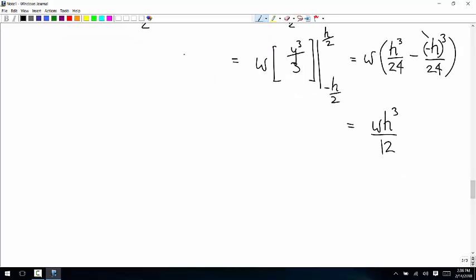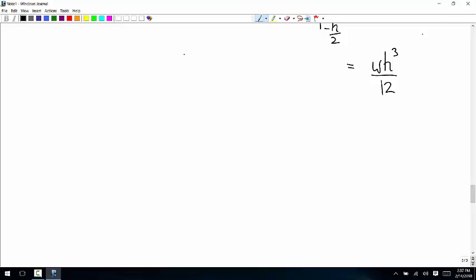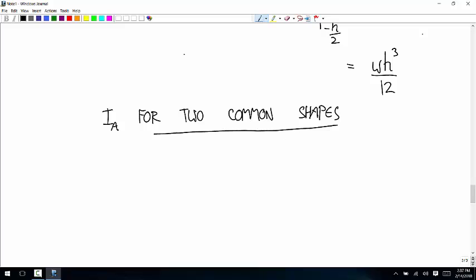Okay, so just like in dynamics, and a lot of times with stuff like this, with these integral formulas, I'm just going to give you simple formulas that come from the integral definition, and we're just going to use the simple formulas. So the moment of inertia for two common shapes. The first is a rectangle.